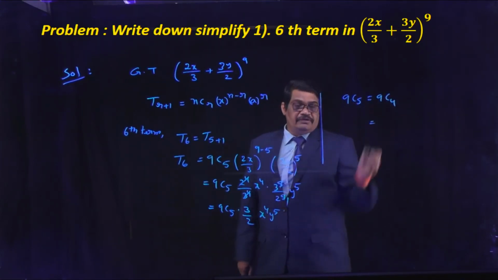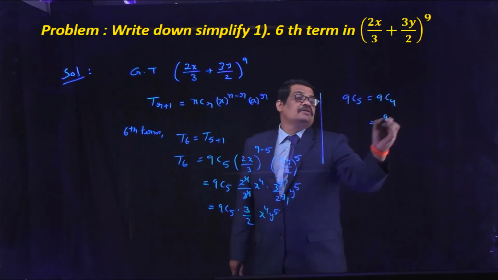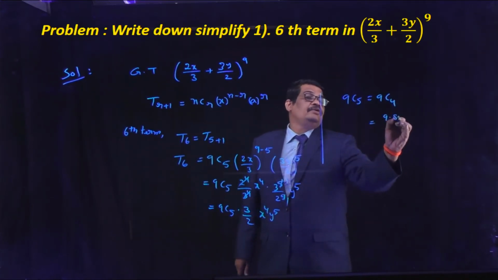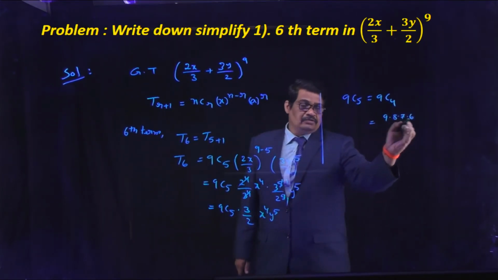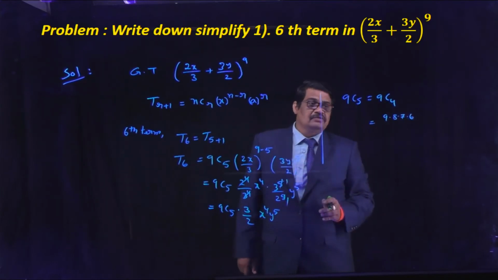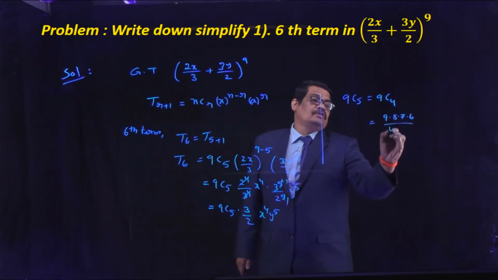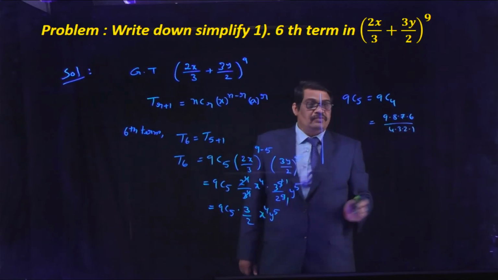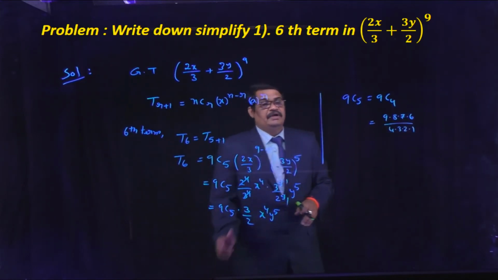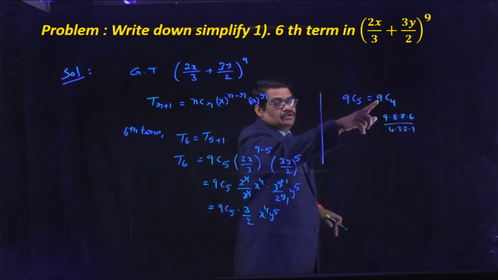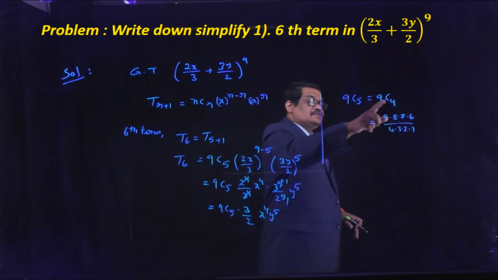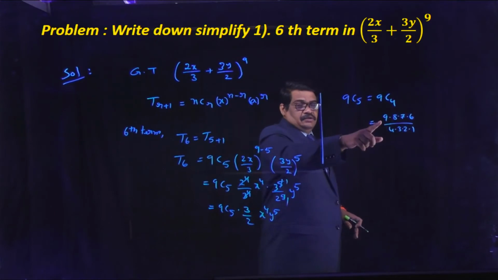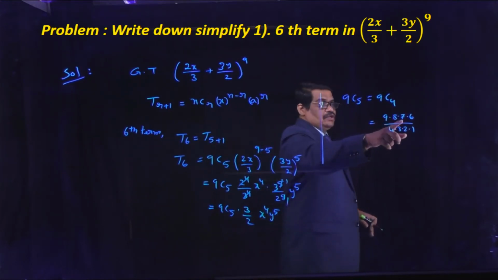So 9C4 can be written as 9 into 8 into 7 into 6, writing 4 terms from 9 in decreasing order, divided by 4 factorial, 4 into 3 into 2 into 1. So 9C5, since nCr equals nC(n minus r), is 9C4, in this way 9 into 8 into 7 into 6.